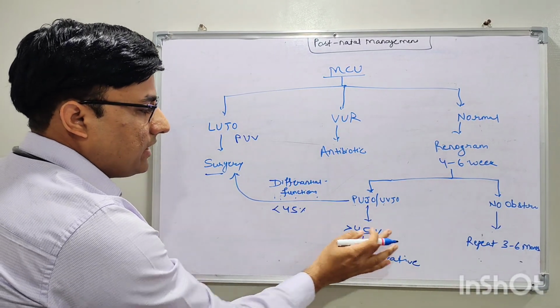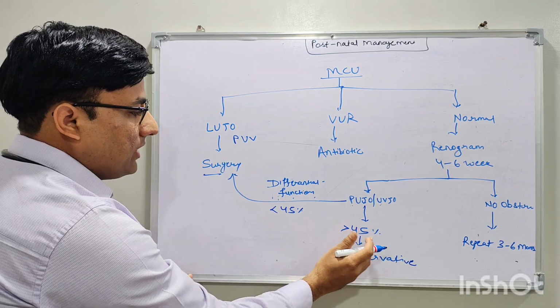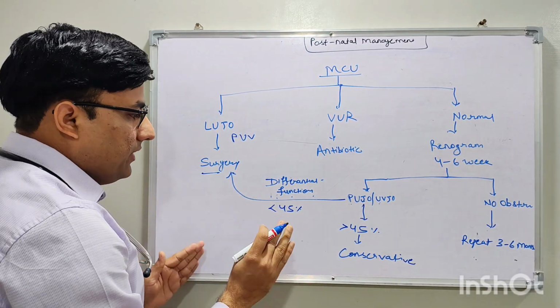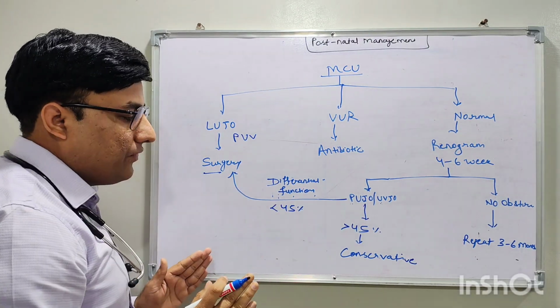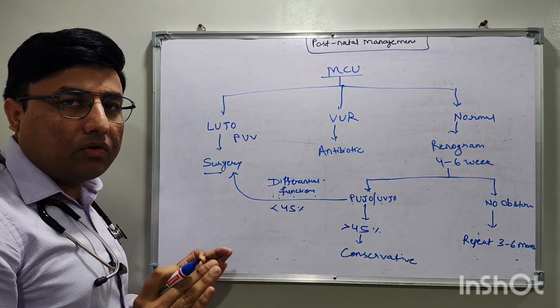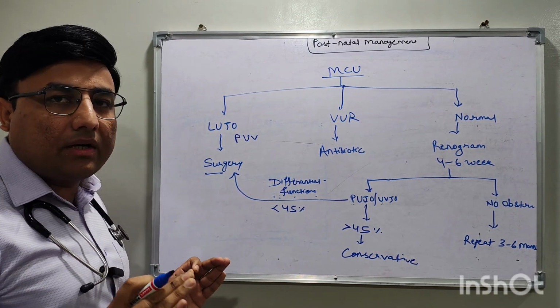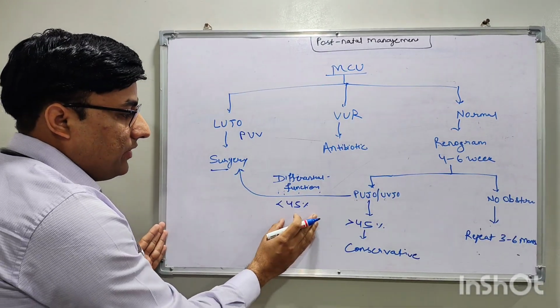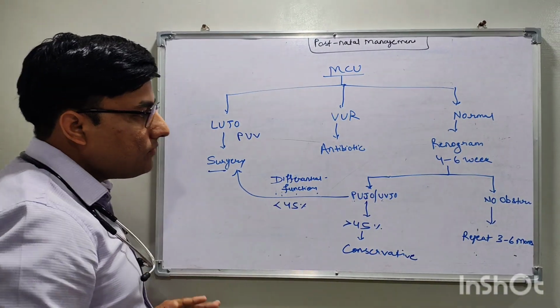If differential function is more than 45%, then we have to manage conservatively. If differential function is less than 45%, meaning the kidney is compromised and kidney functions are deteriorating, in these cases we have to do surgery. So differential function we have to see.